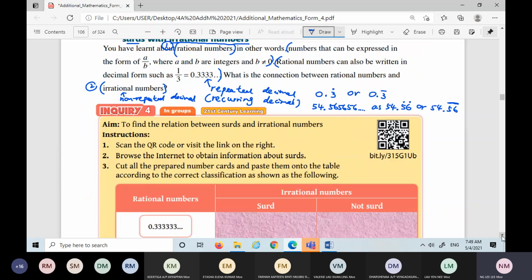Now we want to classify them. So we do the following activity. Wait for a while, I'm going to open this.